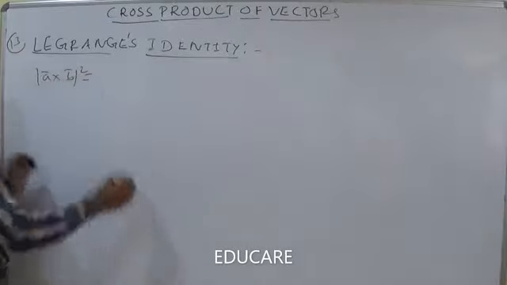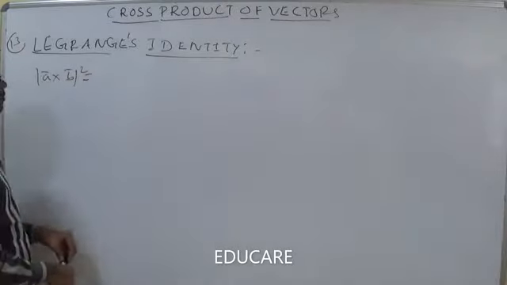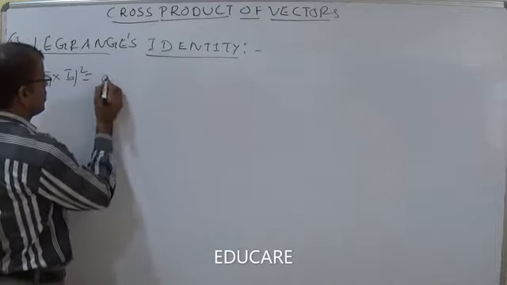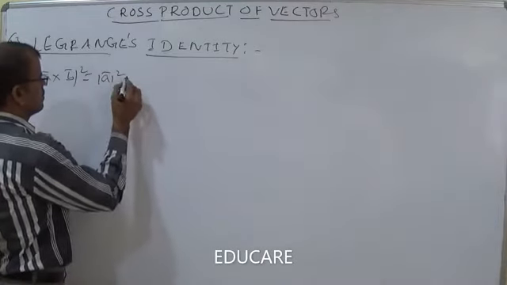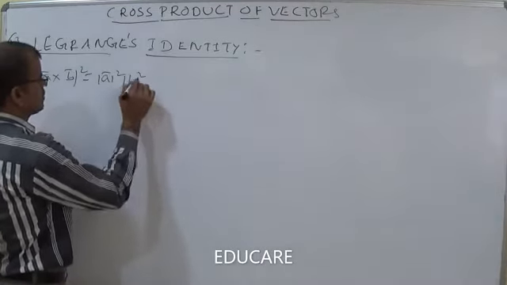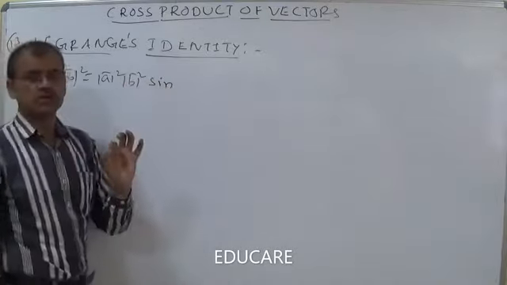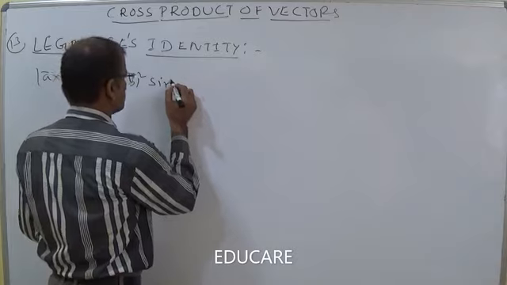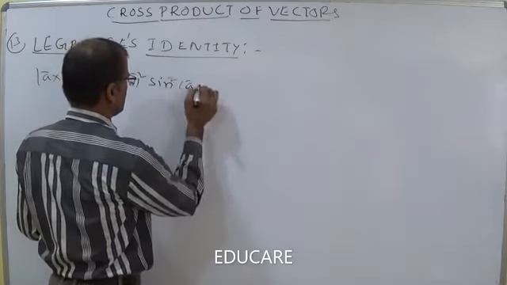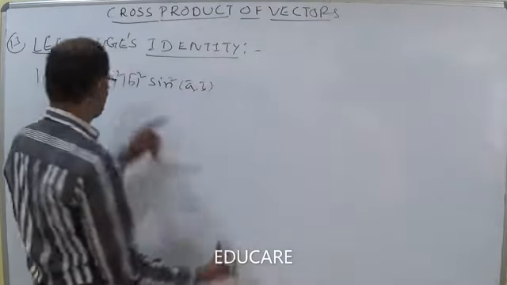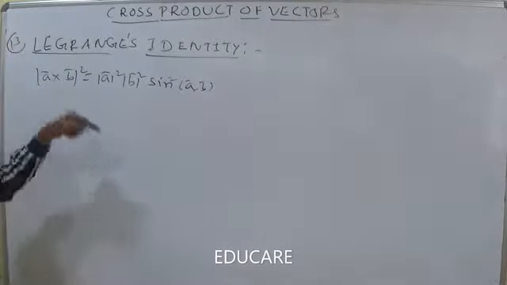Modulus of A bar cross B bar whole square is equal to mod A square into mod B square into sin square of A comma B. Here no need to write the unit normal vector because it is a magnitude.